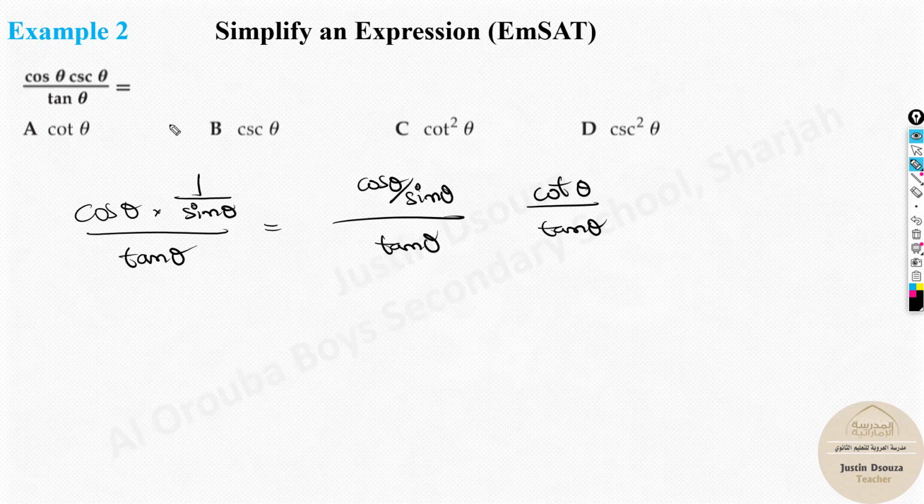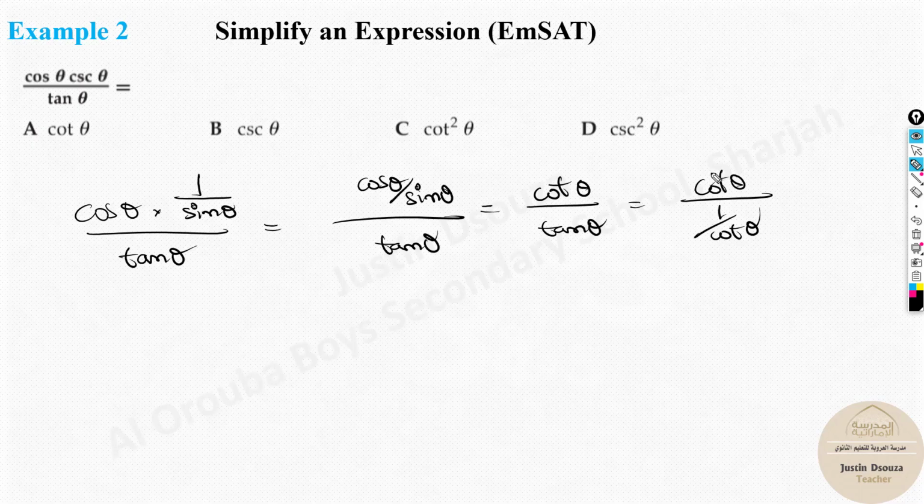Now look at the options. Is there anything in the denominator? No. Everything must be in the numerator, right? So this denominator must come up. So what is tan theta? It is 1 by cot theta.